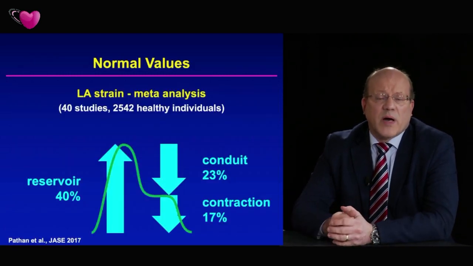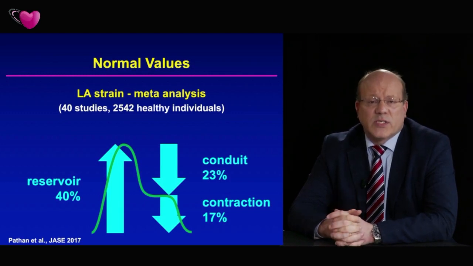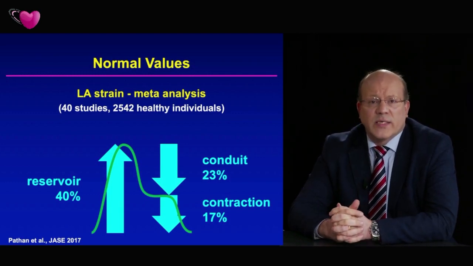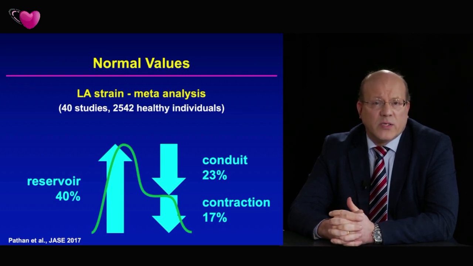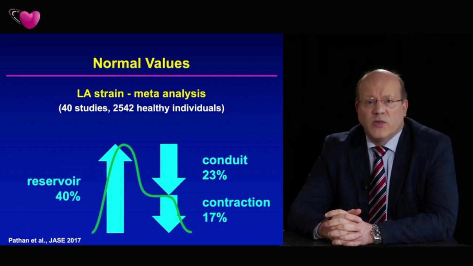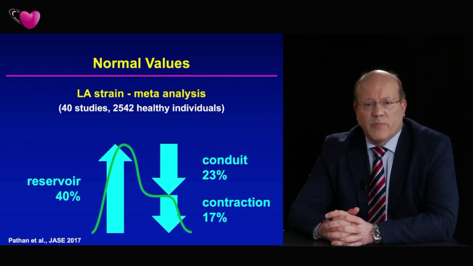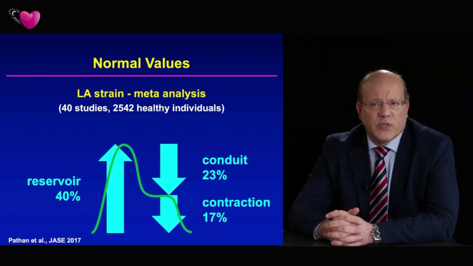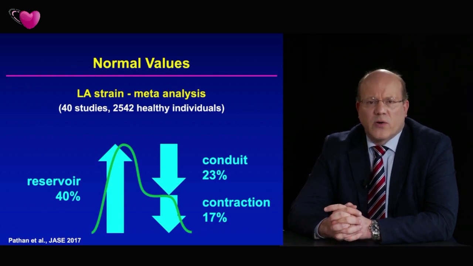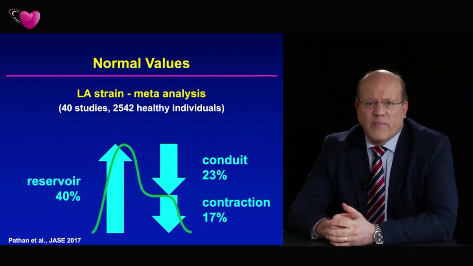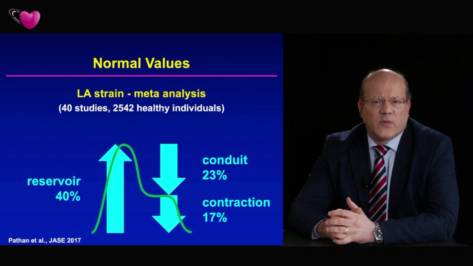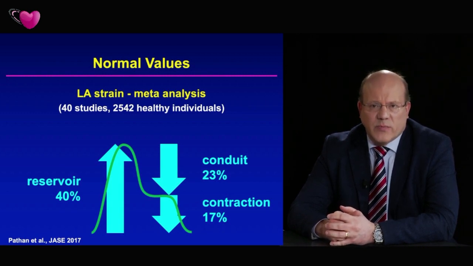If you want to know about normal values, you find several studies in the literature that tell you that. I report here from a big study with more than 2,500 healthy individuals. 40 studies were analyzed in this meta-analysis. And what you can remember is that there is a reservoir strain, so the systolic part of the curve, which is around 40%, and the conduit strain and the contraction strain should add up to the same value, and they are in the range of 23 and 17%.